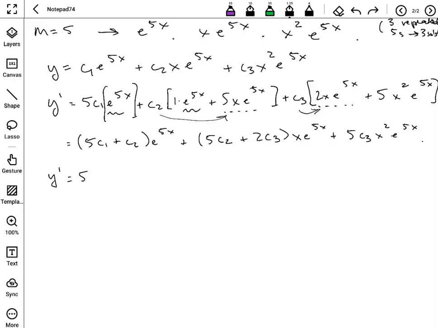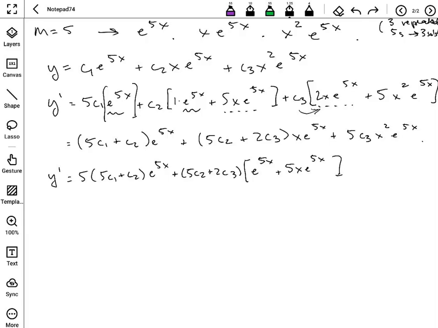So I'm going to have 5 times the constant, e to 5x. And now, instead of only having c2 as the constant, it's this whole jumble of coefficients, so I'm just going to leave those out front. And then my x e to 5x derivative before was e to 5x plus 5x e to 5x.